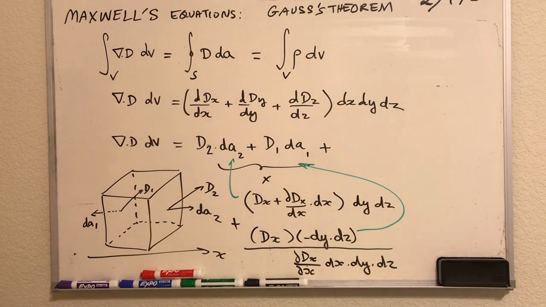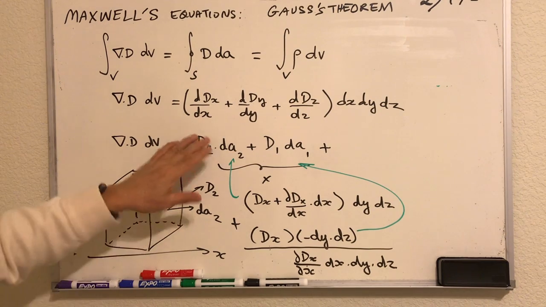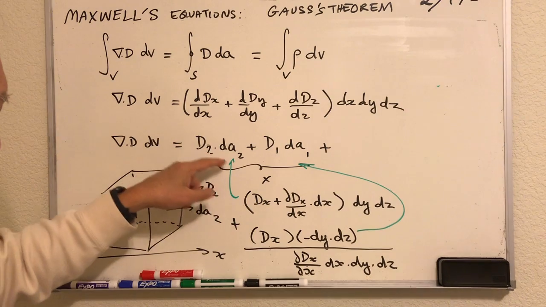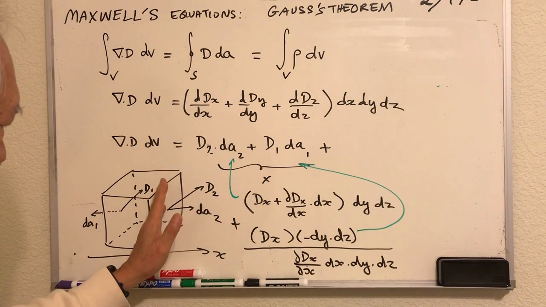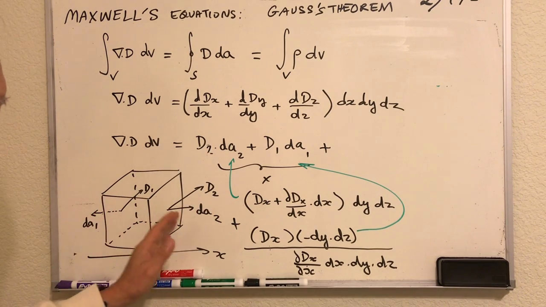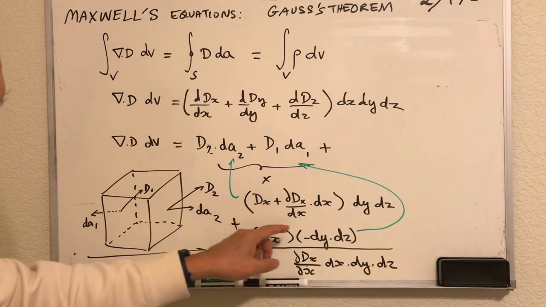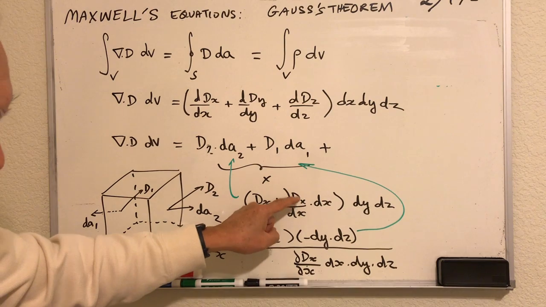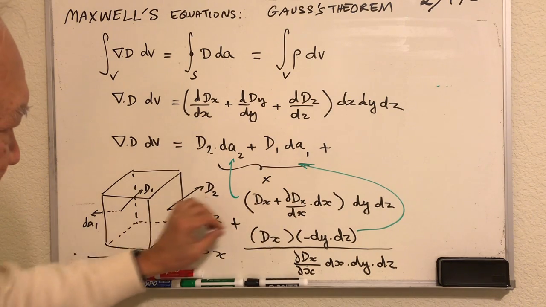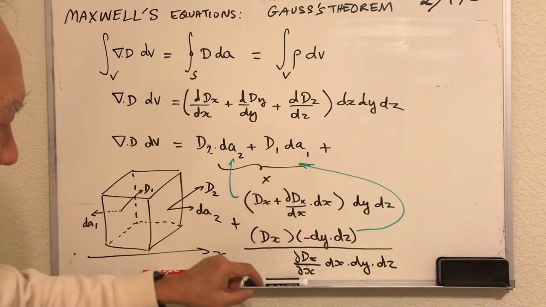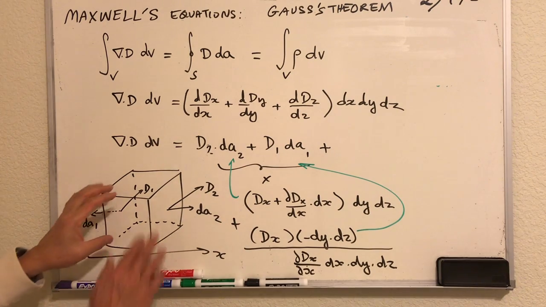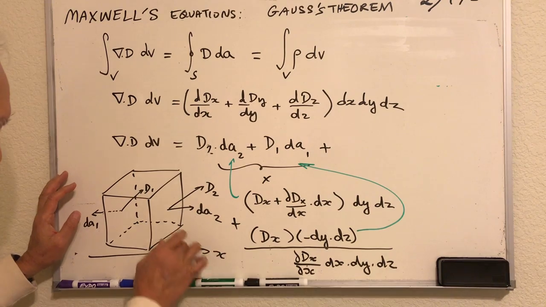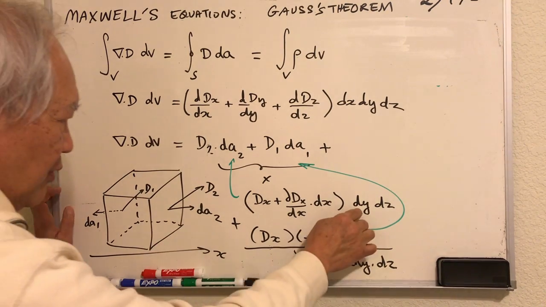right? So with respect to just the x-axis, we would have D2 equal to Dx, which is here, plus a small change, which is the rate of change, the derivative of Dx with respect to x, times how much change, right? And because the surface area here is perpendicular to the x axis, the area is dy dz.